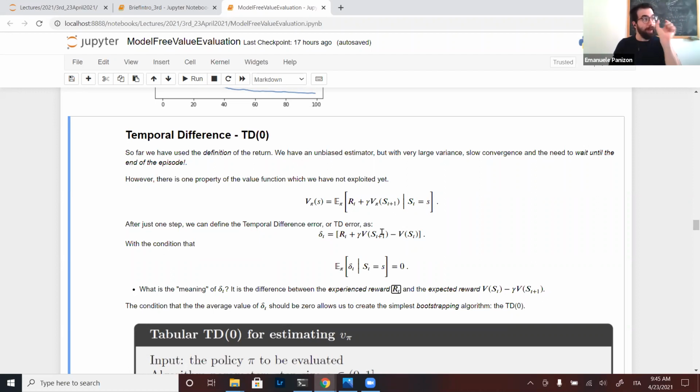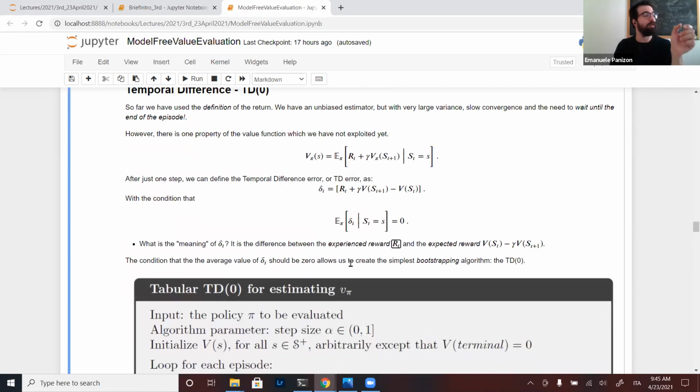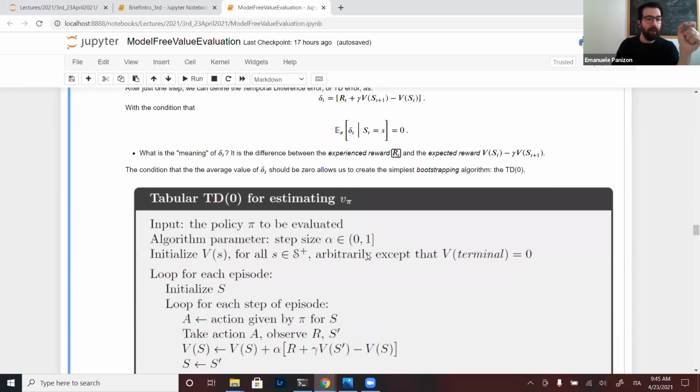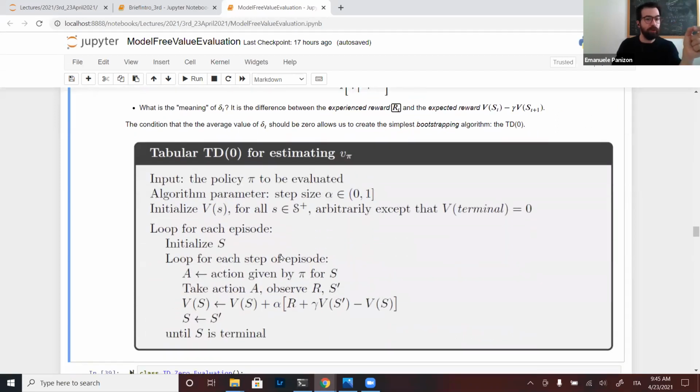So if you do one single step, you already can evaluate delta, and then you can do this update. Monte Carlo requires the whole trajectory of the whole episode to do one single update, and temporal difference requires only one step.